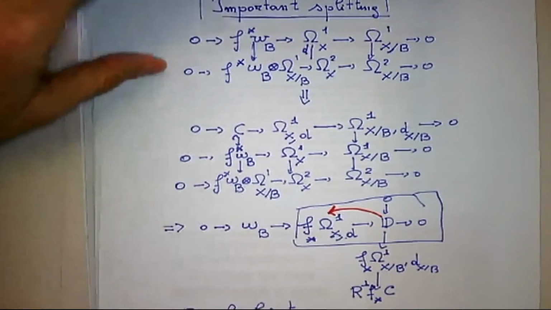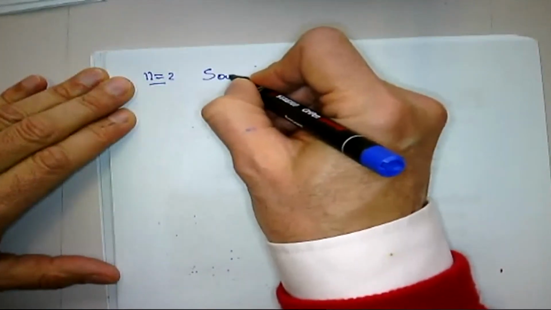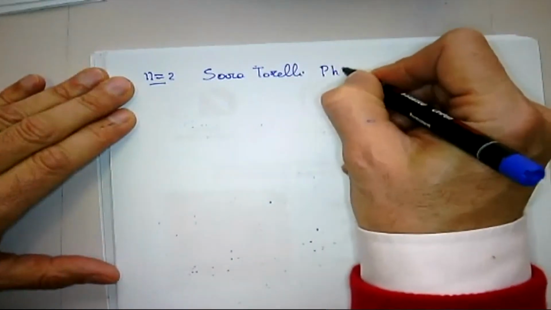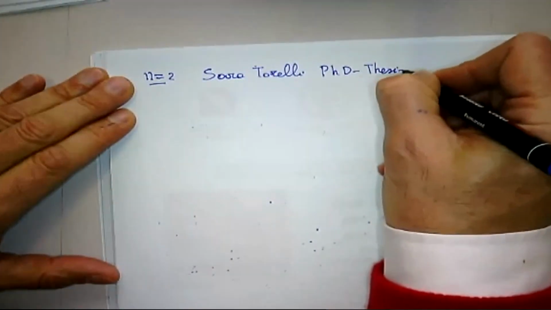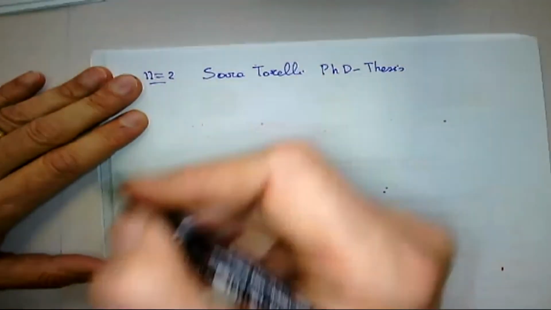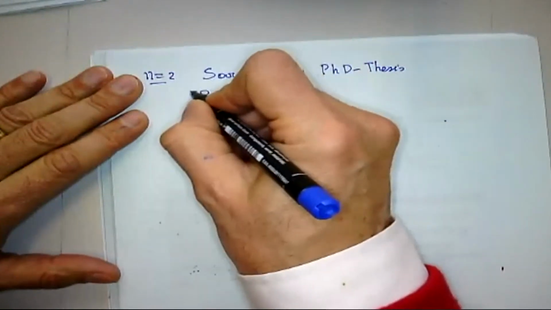And now is the moment to say the other piece of information about the history very quickly before my last results, which in the case n equal 2, there is a very nice thesis, Sara Torelli, PhD thesis, under the supervision of Gianpietro Pirola, and some papers by Torelli, Sara, and Pirola and Torelli.